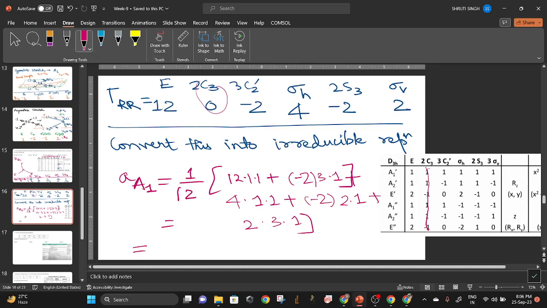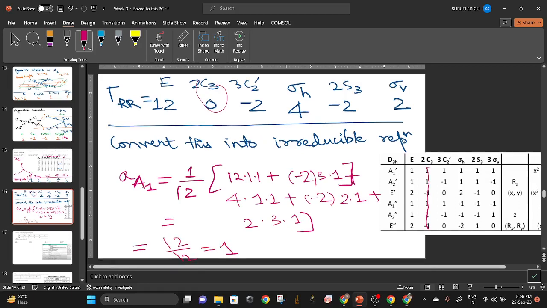So what is the answer coming? 12 divided by 12, so it will be 1. So the contribution for A1 in this tau RR is 1 time.